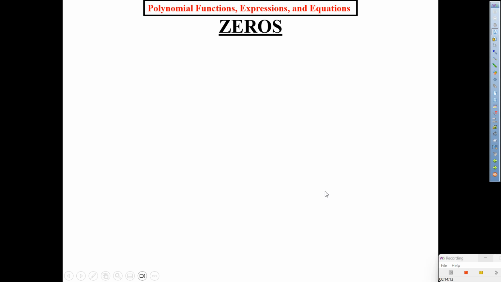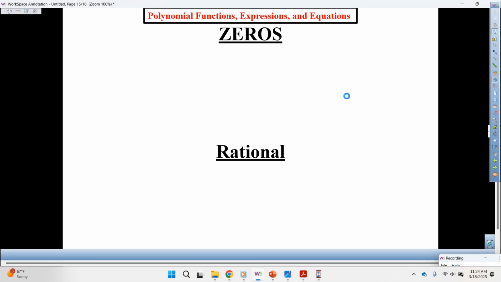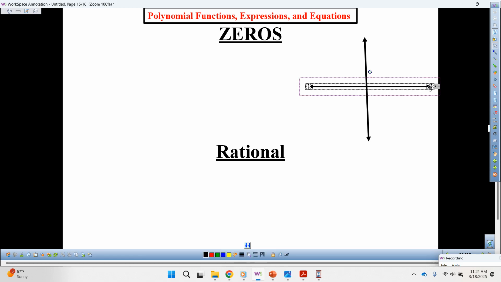Zeros and rationals. Write your utensils down, look up to the screen. So, Mr. Q, where are we headed with this? Well, I've been talking about zeros since last semester, kind of left off for a little bit, but let me remind you what they are. Whenever we're talking about zeros from polynomial graphs or functions, look up.